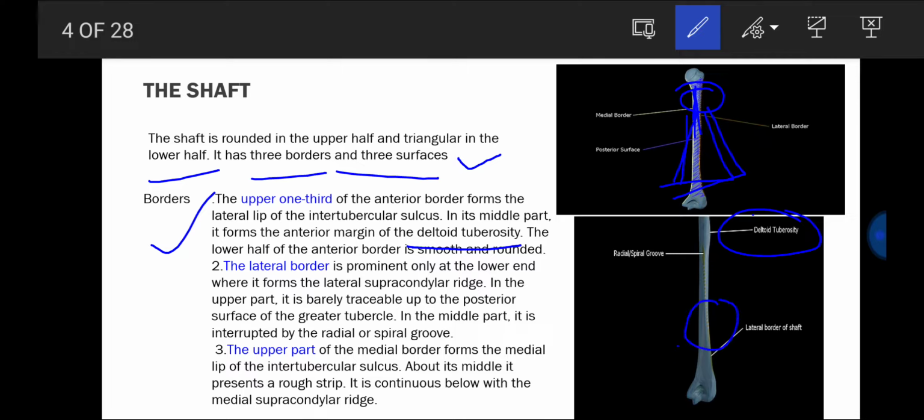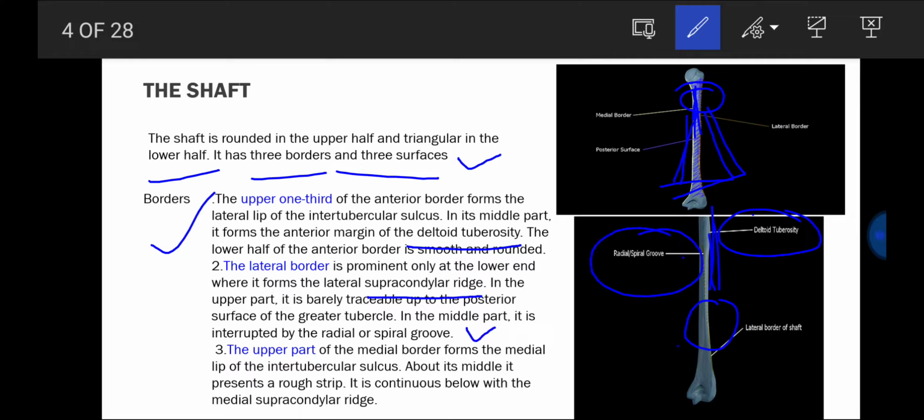The lateral border is prominent only at the lower end, where it forms the lateral supracondylar ridge. In the upper part, it is barely traceable up to the posterior surface of the greater tubercle. In the middle part, it is interrupted by the radial and spiral groove.